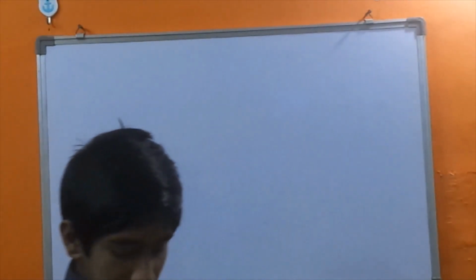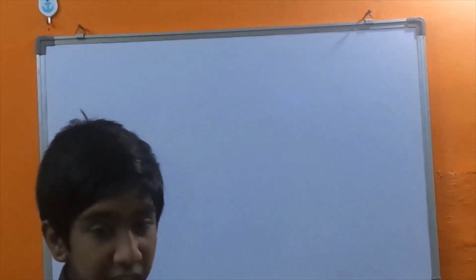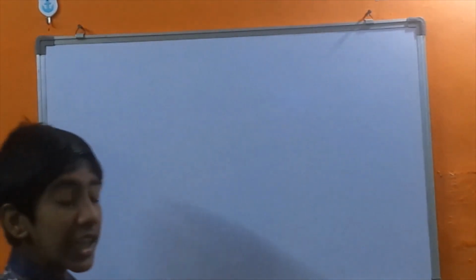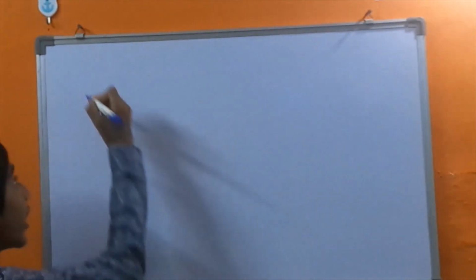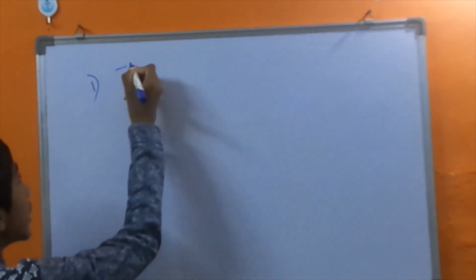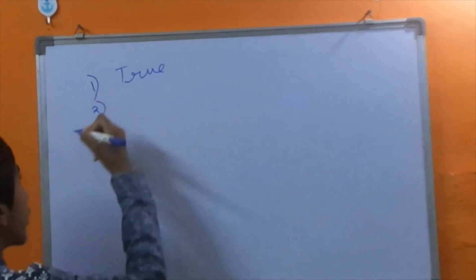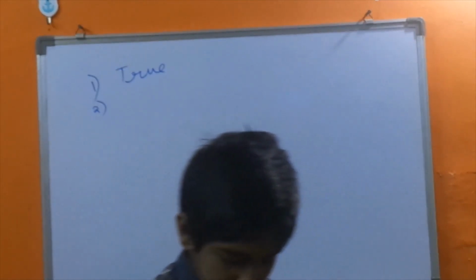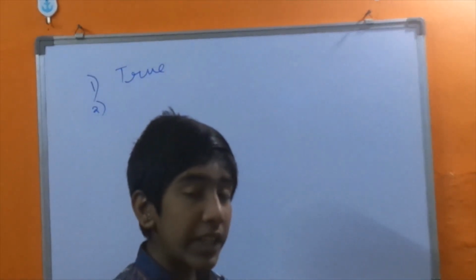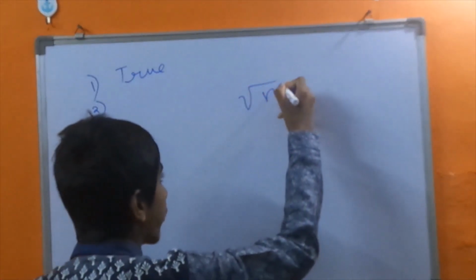So, the first question of this exercise is true or false. The first statement is, every irrational number is a real number. Yes, every irrational number is a real number. And the second one is, every point on the number line is of the form root of m.